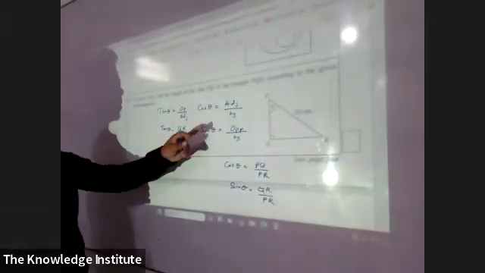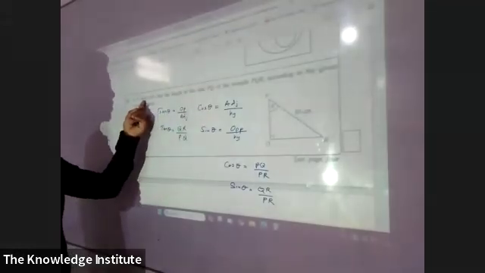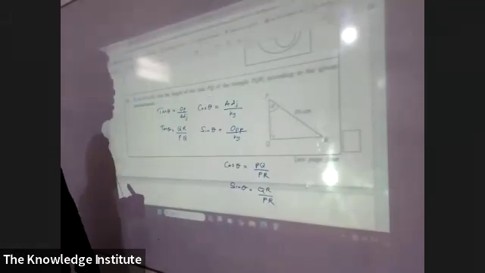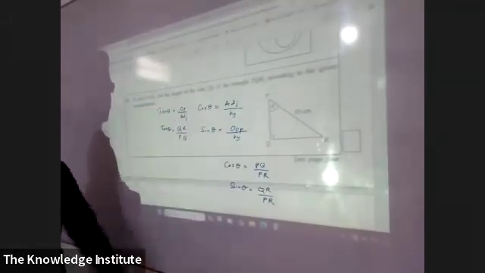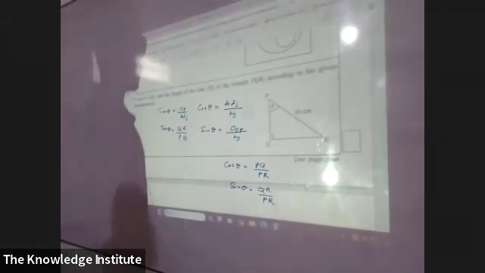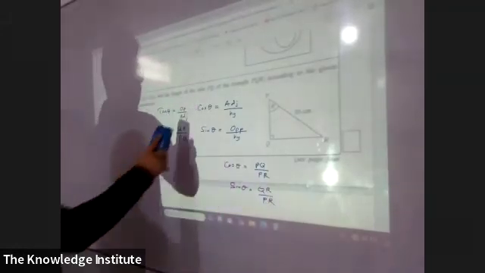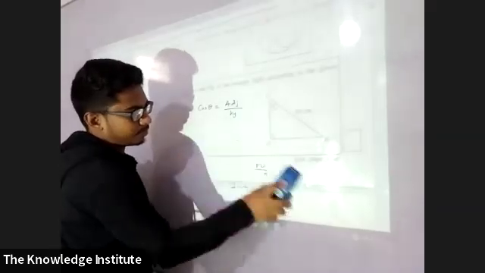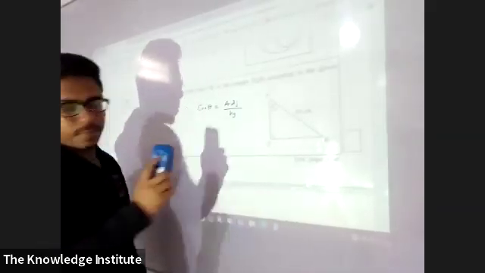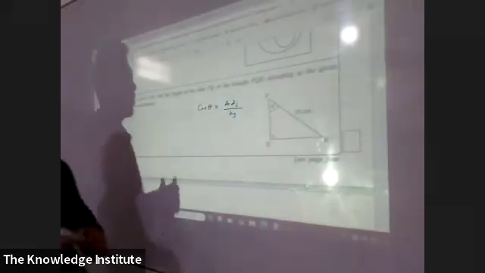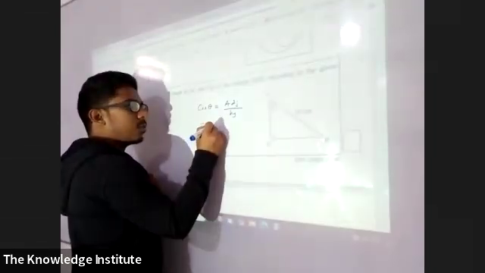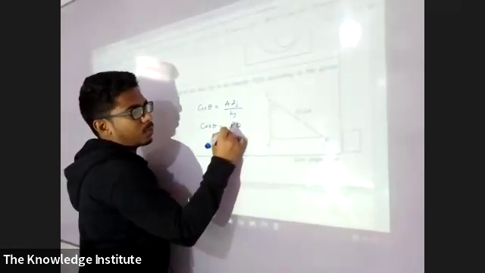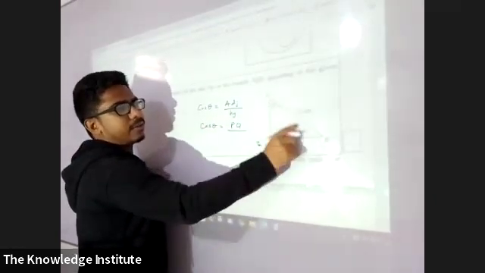So now in this problem they have given the cos theta value in this PQR triangle, and we want to find the length of PQ. Here I'll erase these things, I need only cos theta. So cos theta is equal to adjacent PQ over hypotenuse, 10 cm.